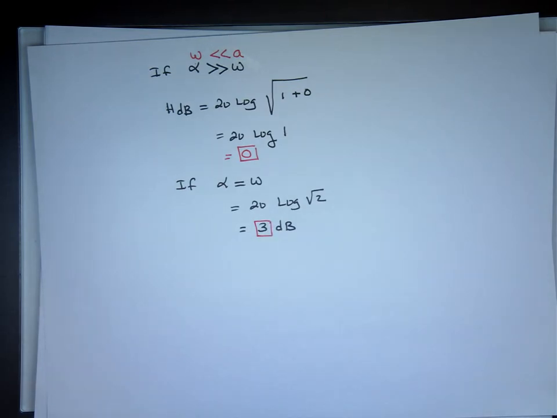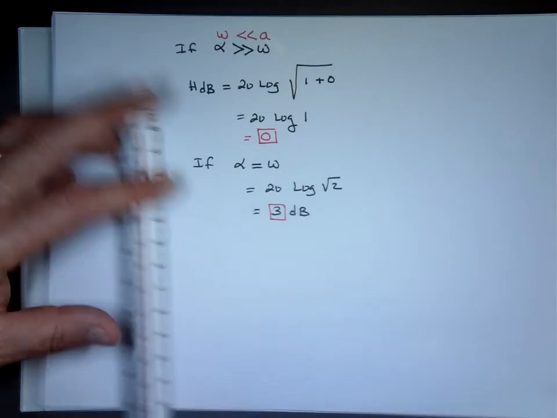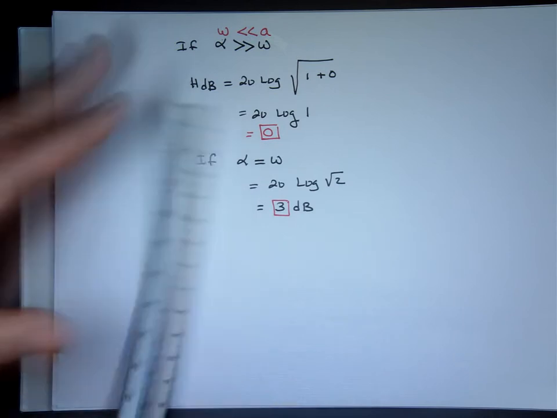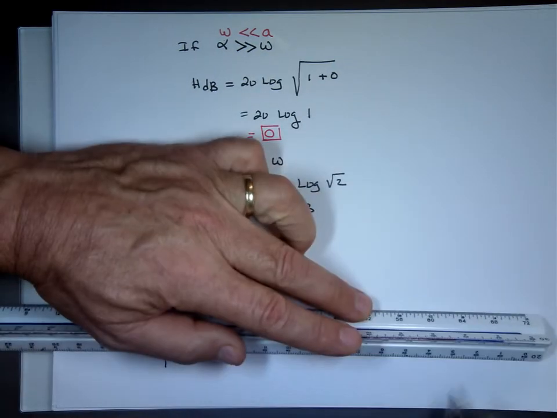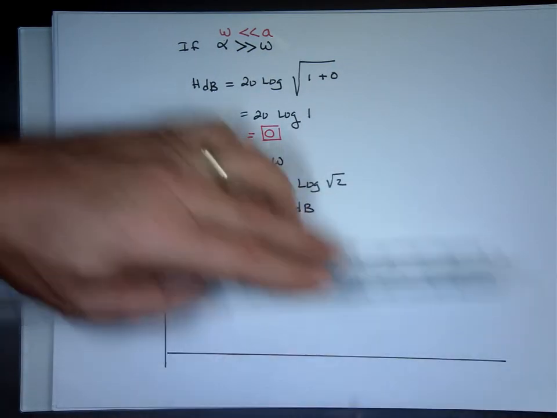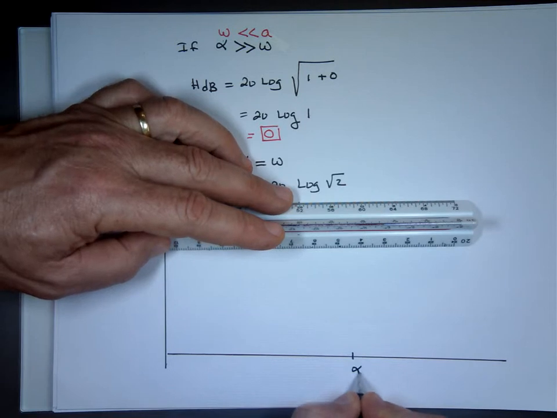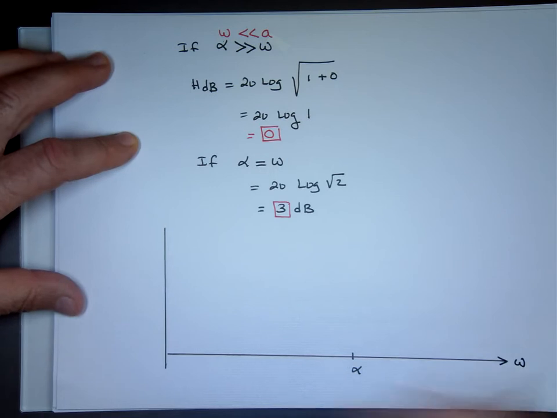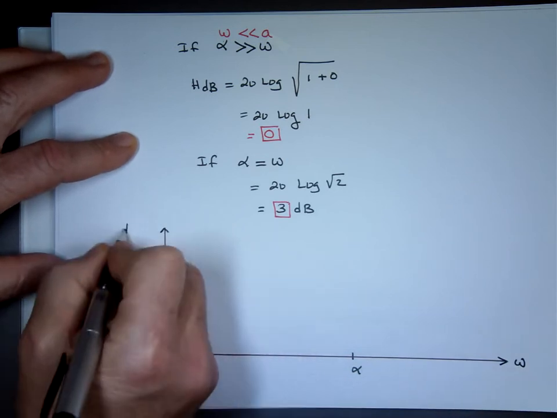And that's the part I made a mistake on that one. Turned out to be ugly looking. And let me put A or alpha somewhere here. So this is W here, and this is the decibel.